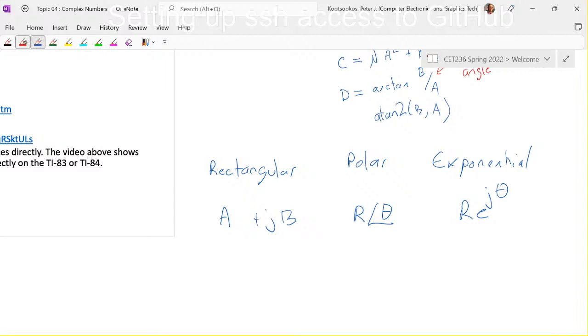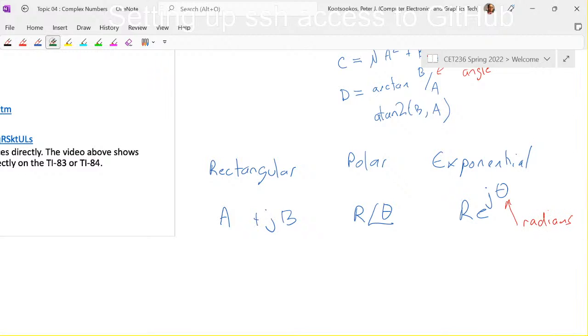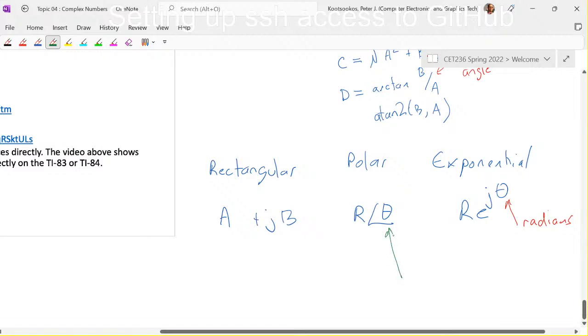And remember, this is in radians. If I write this one down, I will often give you the angle in degrees. So be very careful that you know that it is in degrees and that you're working in radians, or vice versa.